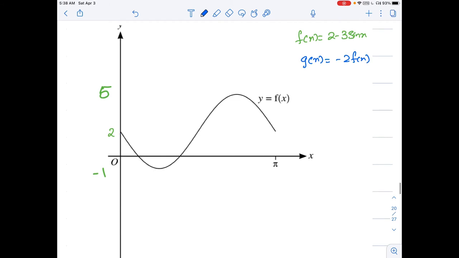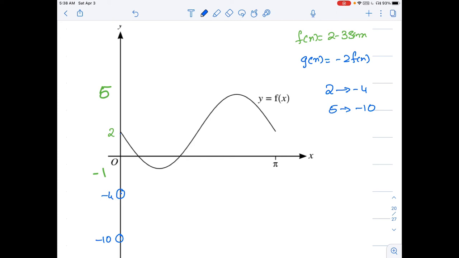So this point 2 becomes 2 times 2 is 4, but it becomes negative 4. So this is one point. Then this 5 becomes minus 10, multiplied by 2 and minus.